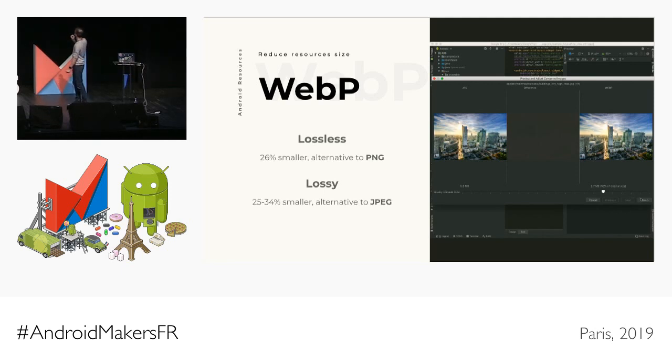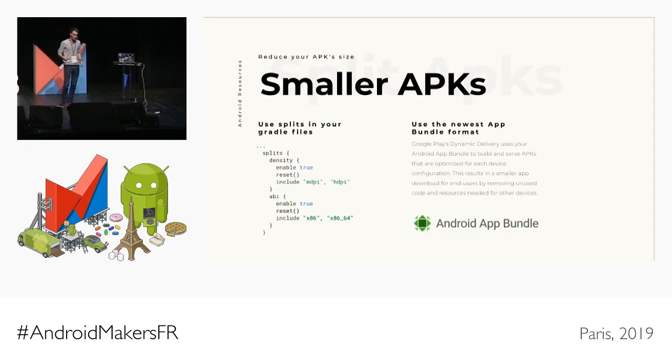At the bottom, we see that we are saving 50% of space using only a 65% lower quality, so 75%, sorry. So yeah, use WebP.